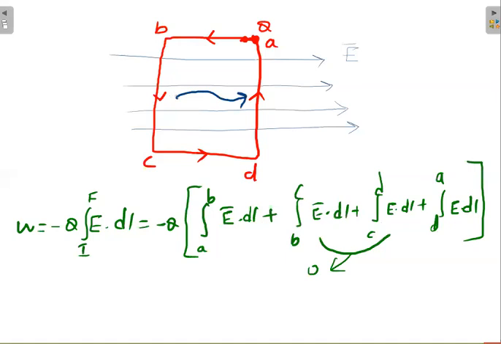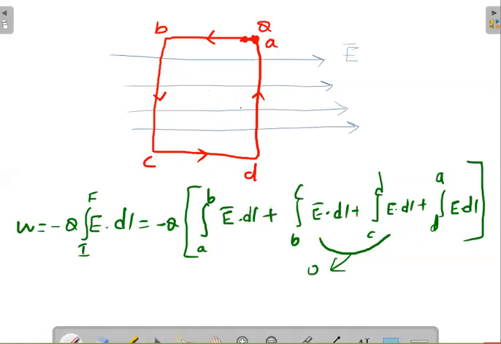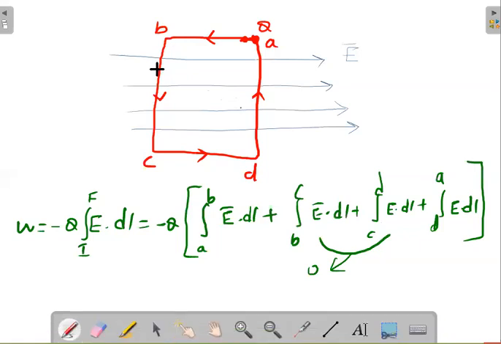Anyway, once you compute this one, that is zero, and this is also zero. Now you concentrate on A to B and C to D. Just the direction is opposite. Whatever value is given by this one, the opposite value it will give you.